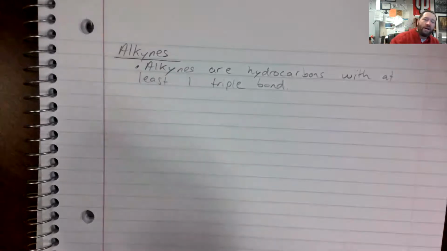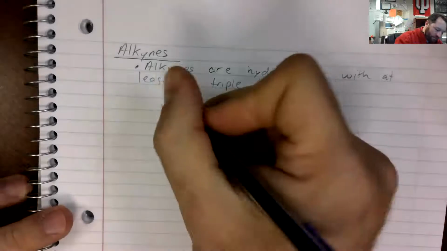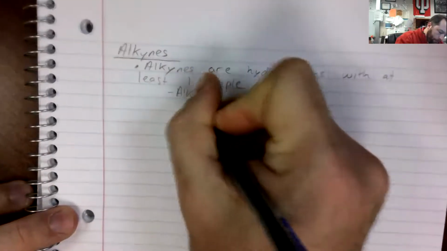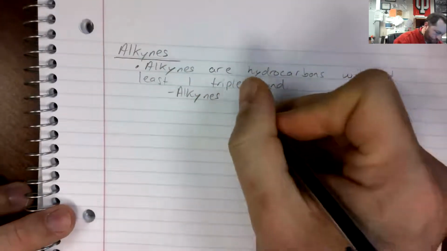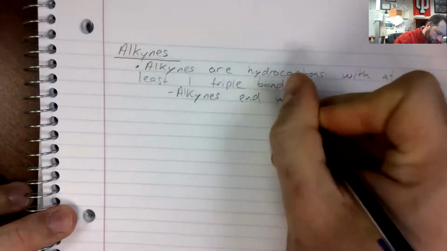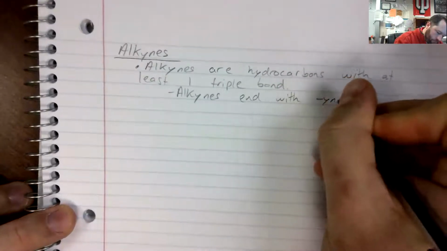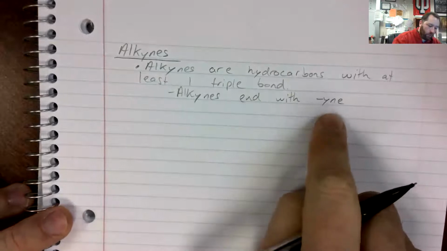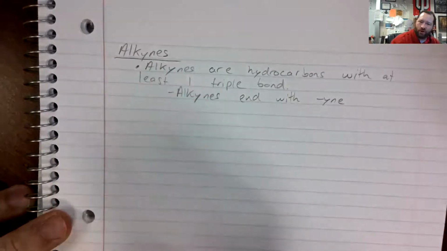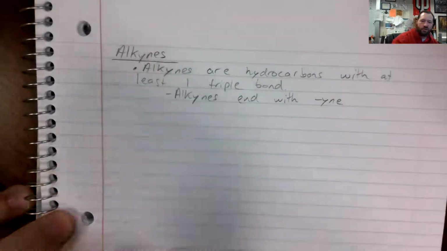Alkanes had all single bonds. Alkenes had at least 1 double bond. Alkynes have at least 1 triple bond. Alkynes end with Y-N-E. So some of you are probably already speaking the language and probably saw that before.